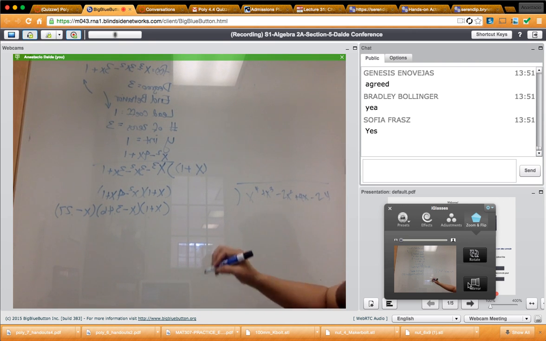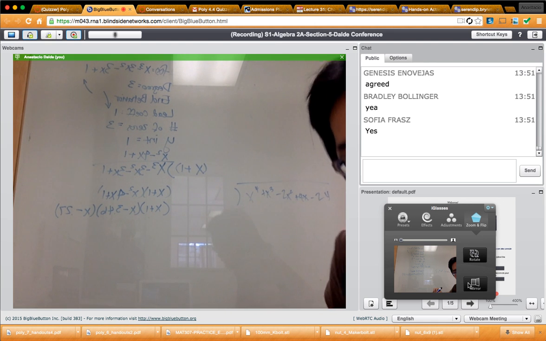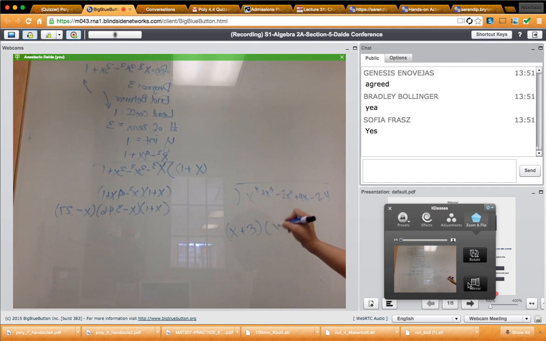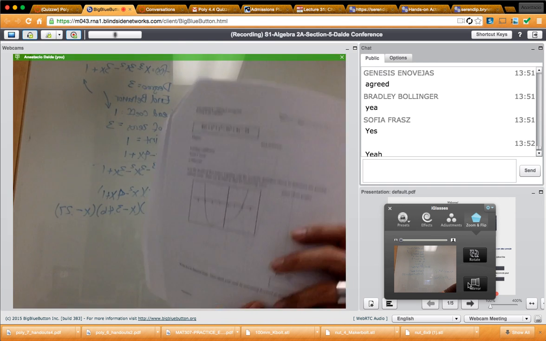So what I would do is do this in two different ways. One of my roots is at x plus 3, and one of my other roots is at x minus 2. And then I still have to figure out what's left over. Are we cool with that? You can tell by looking at the graph.